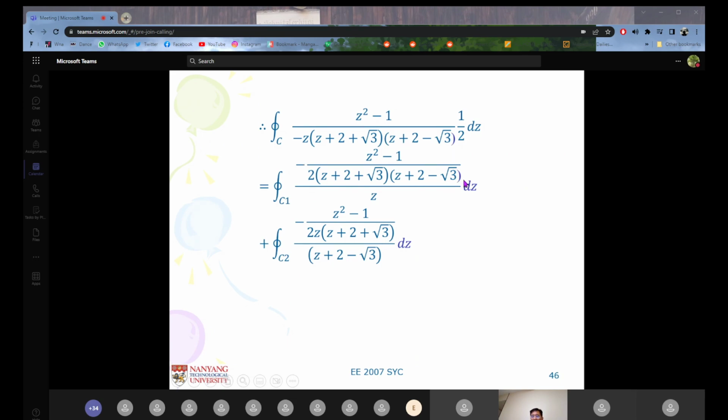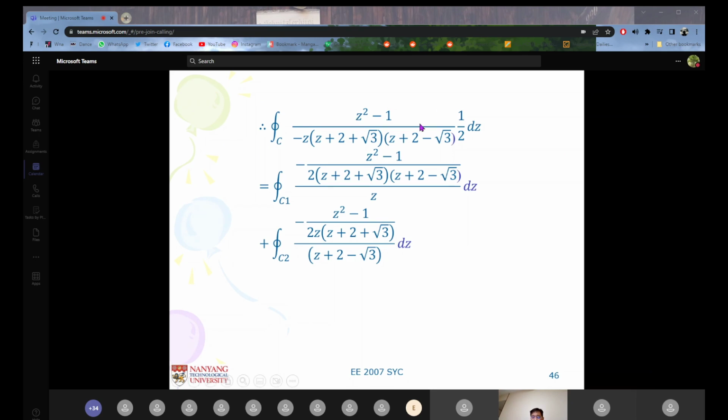And I integrate it over a different contour now. This contour C1 includes only the origin as your singular point. It should not include the other singular point there. So it's a very small contour surrounding the origin. How it's defined is irrelevant, as long as it includes only that singular point.